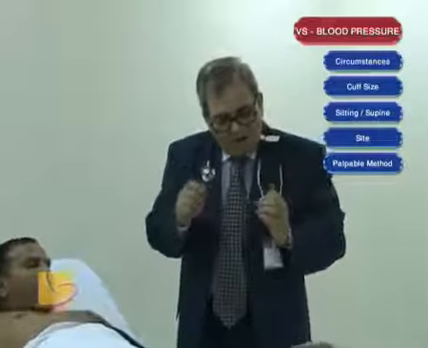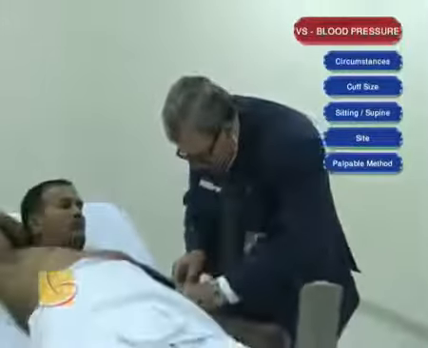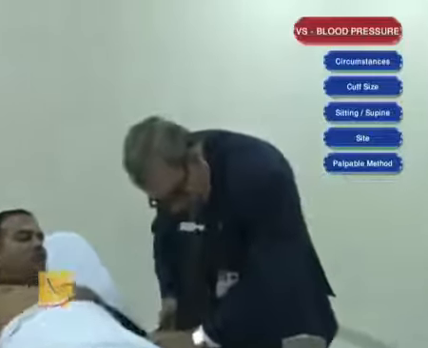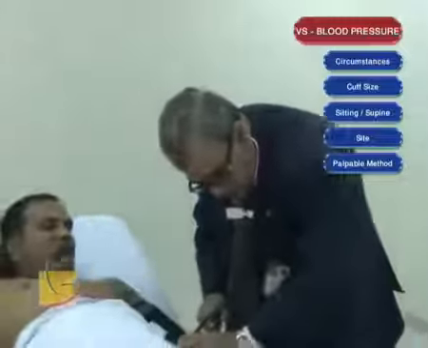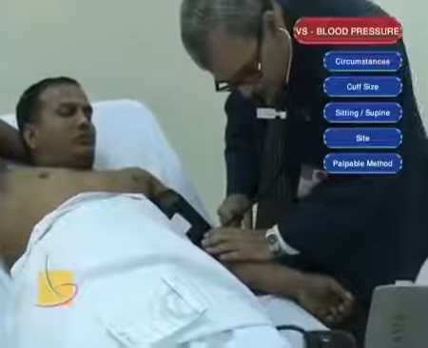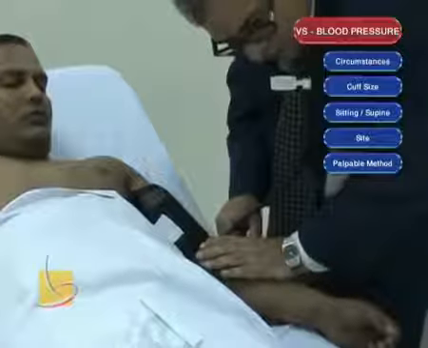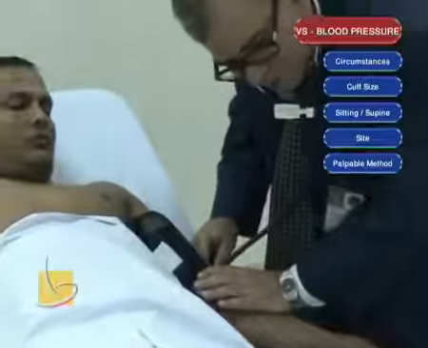I will elevate the pressure in the machine and in the cuff, and I apply the stethoscope on the brachial artery like this. Then I inflate to increase the pressure, and I listen to the brachial sounds until they disappear.